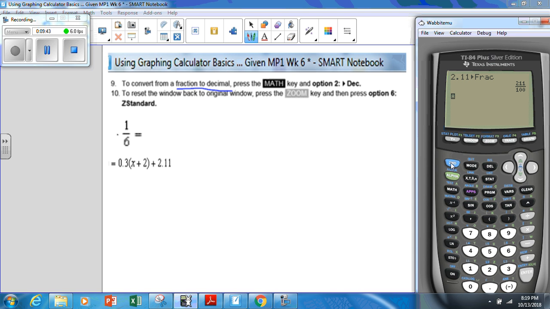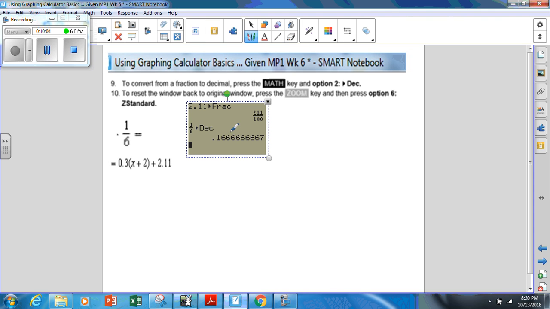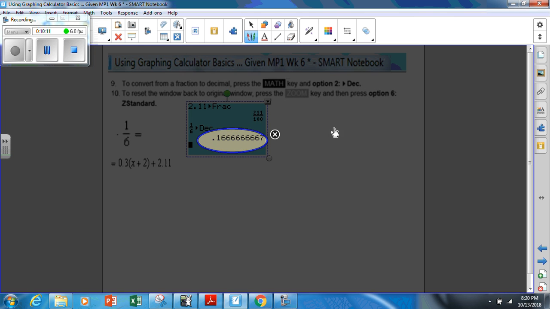We hit math, option 2, and hit enter. To go from 1 over 6 to a decimal, I get something with a repeat: 0.1666666, and then a 7. Will this kind of question come up? Absolutely, it will.